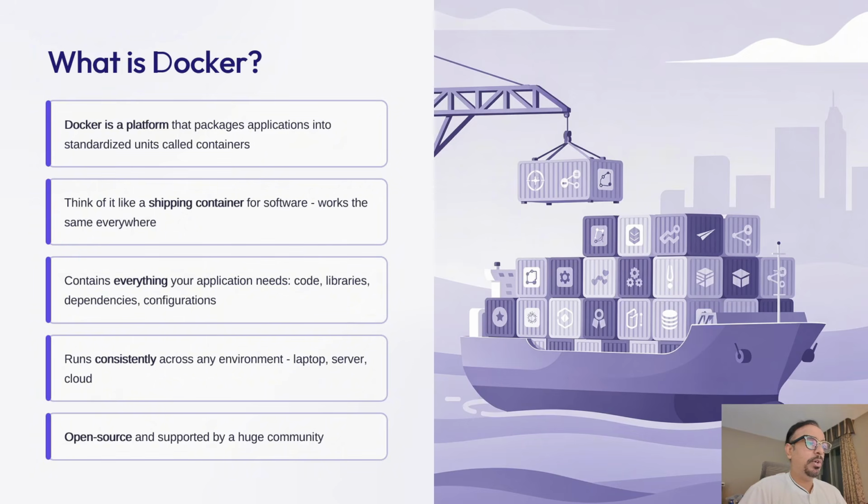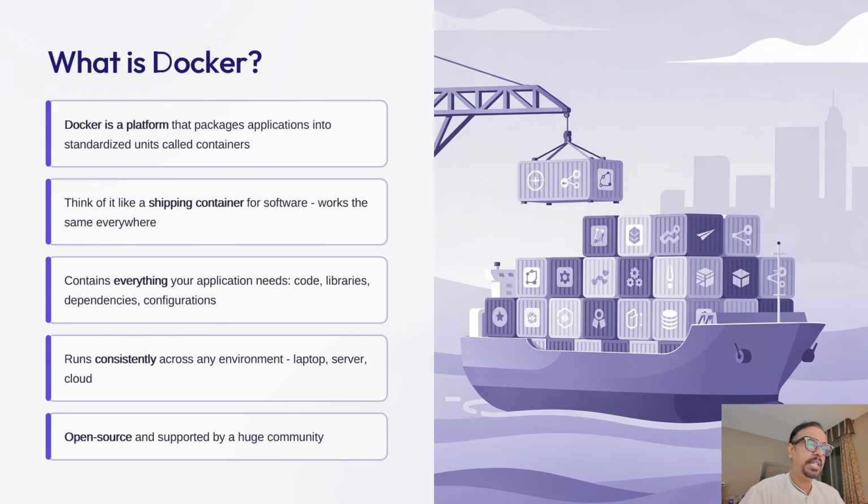Let me explain Docker with a simple analogy. You know how shipping revolutionized global trade with standardized containers, right? Docker does the same for your software. It packages your application along with everything it needs to run, like the code, runtime, libraries, system tools, and configurations, into a single unit called a container.